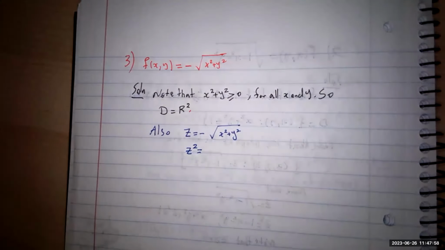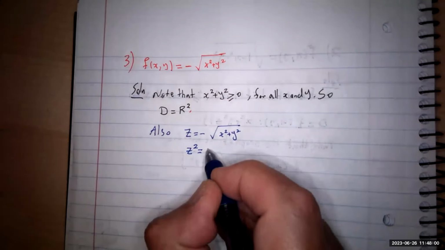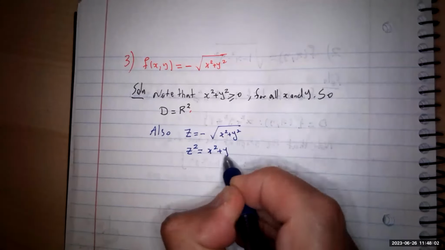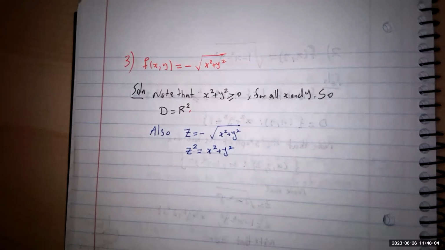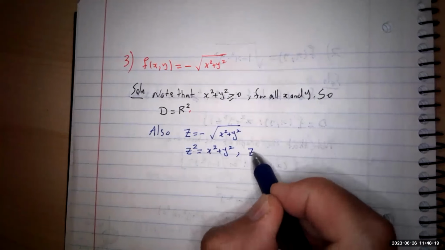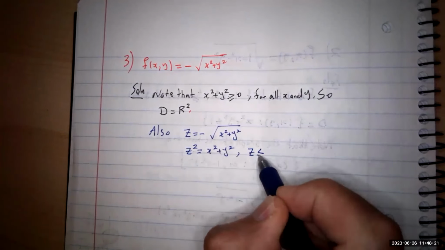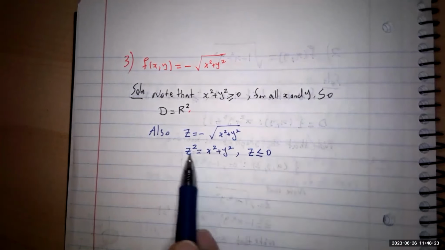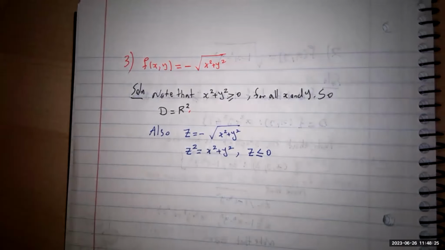Okay. What is this one? If you square it, that gives x squared plus y squared. Okay, that is going to be the case that you're going to have. Okay. So the graph of the function, you see that gives you the one as soon as you, but you make a note that your z is less than or equal to 0. You see, because when you take the square root, it's going to be positive, negative.